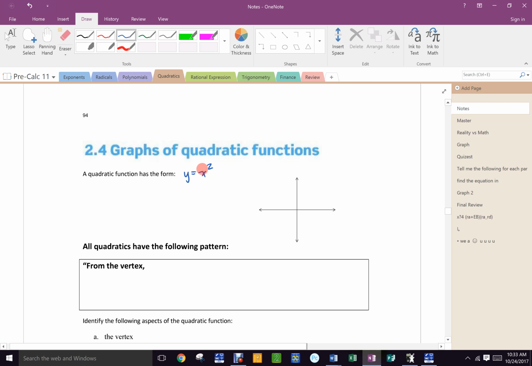How would you graph something if you had no idea how to graph it? Now for lines, you know point-slope form, you know slope-intercept form, you know x-intercept and y-intercept form. You got lots of ways to graph a line. But when you were first learning about graphing lines, what did your teacher do to make you graph it? You made a table, a t-chart, yes? Some of you called it a table of values, some of you called it a t-chart.